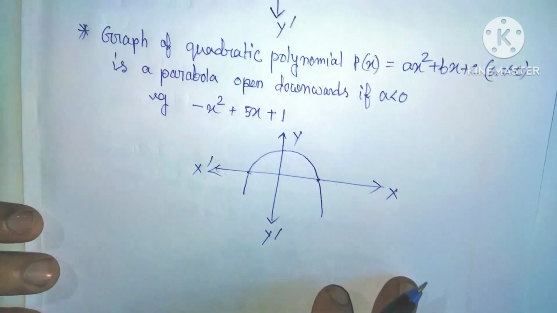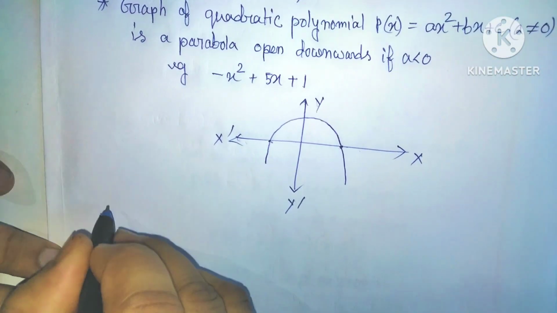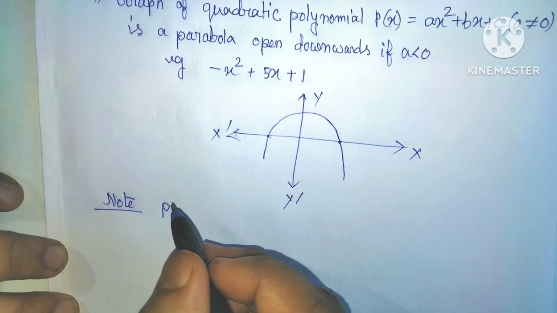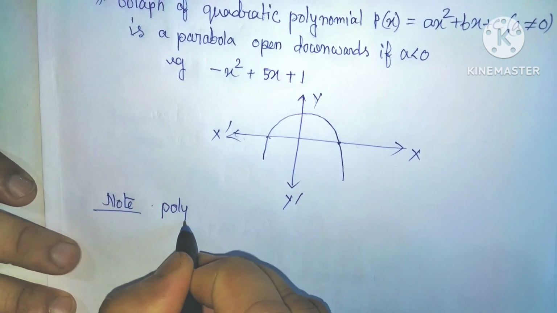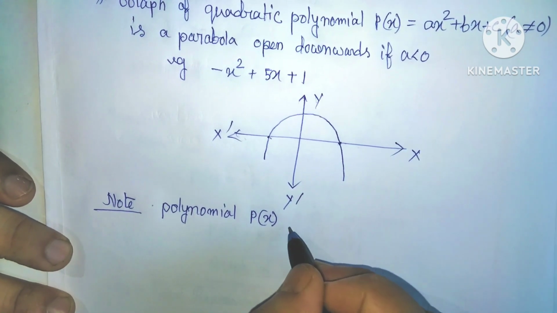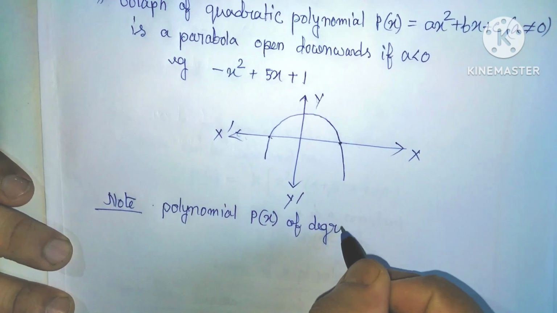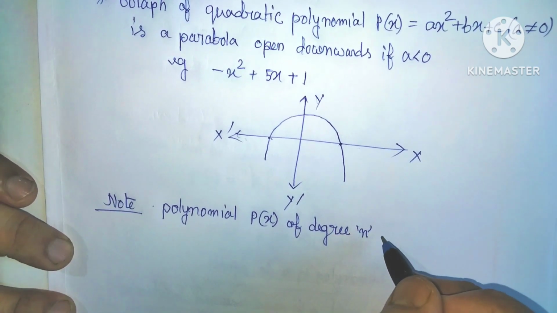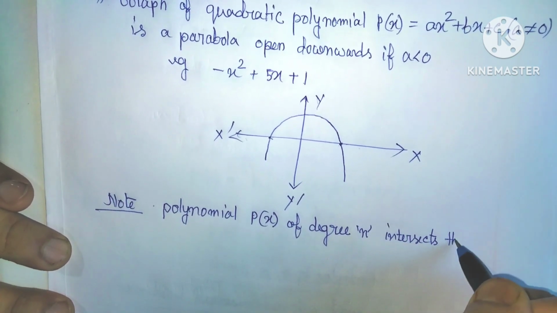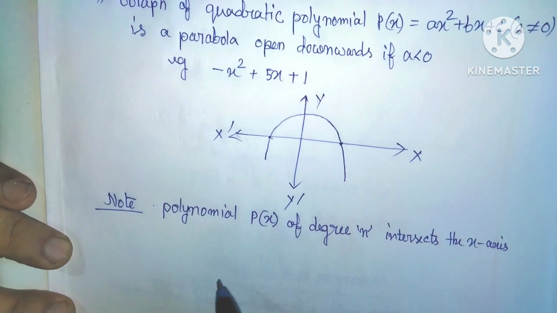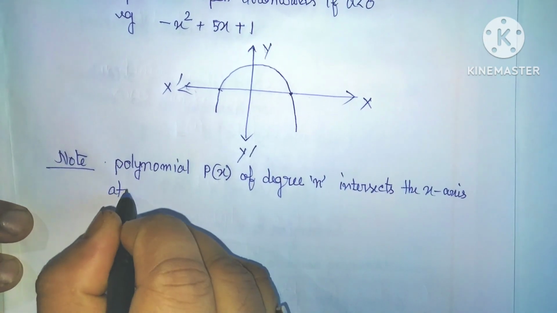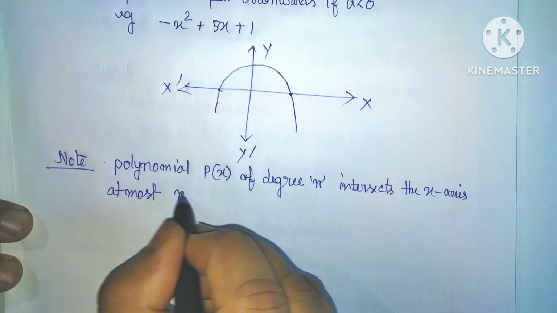In general, note that a polynomial p of x of degree n intersects the x-axis at most n points.